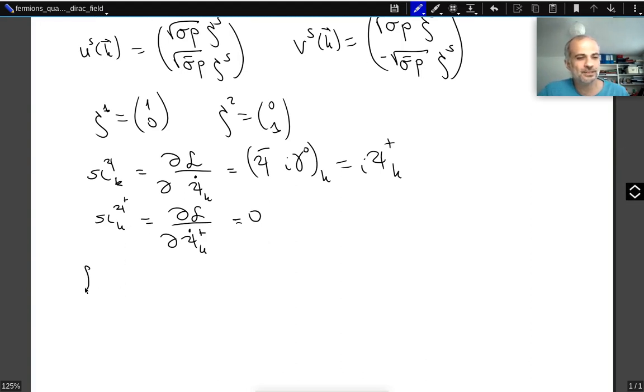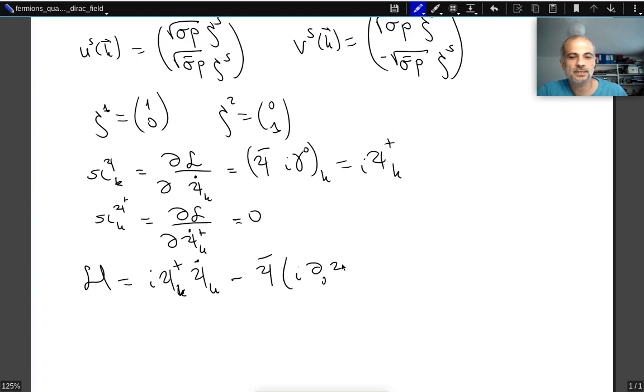So we have the Hamiltonian density, i psi_k dagger psi_k dot, minus the Lagrangian density, psi bar (i ∂_0 γ^0 minus i gradient·γ minus m) psi.